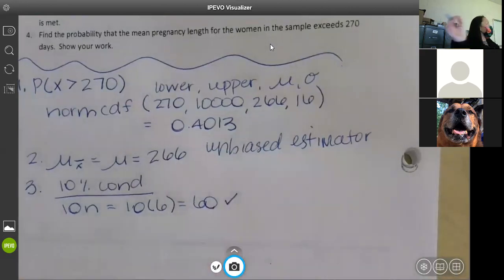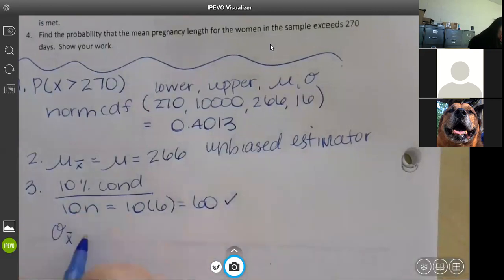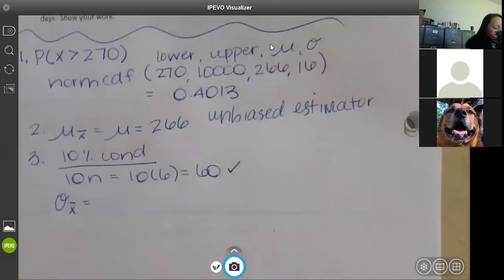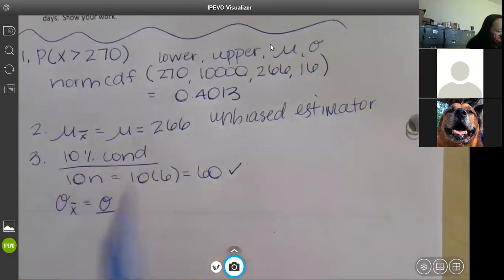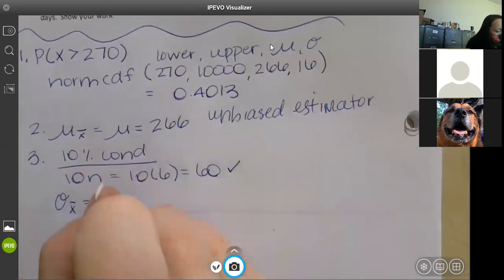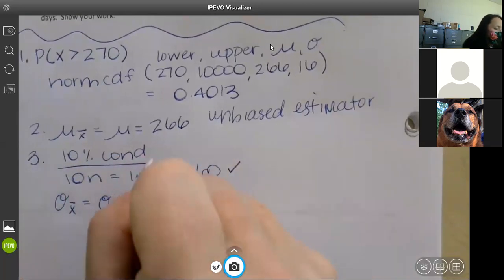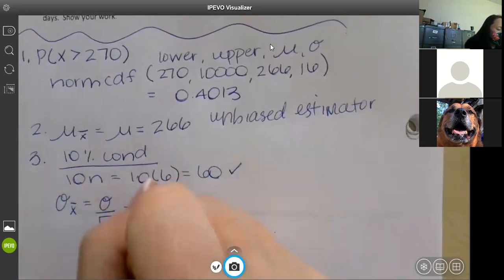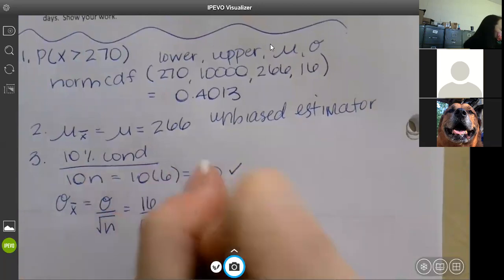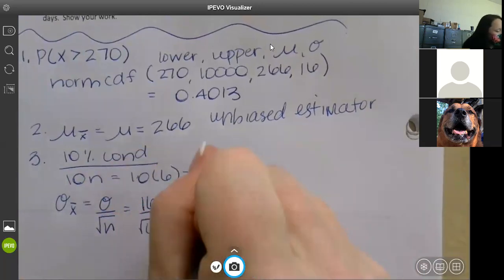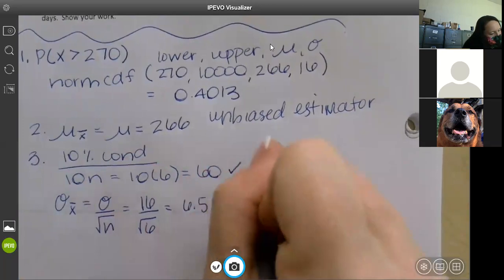And you can write that, more than 60 pregnant women in the population. What's our formula for our standard deviation of X bar? The standard deviation over the square root of n. Perfect. So our population standard deviation was 16. Our n is 6, so 16 over the square root of 6 is 6.532 days.